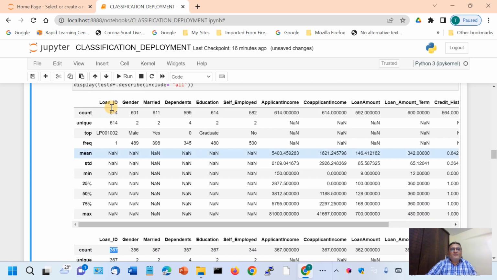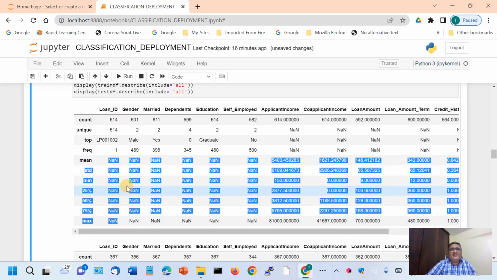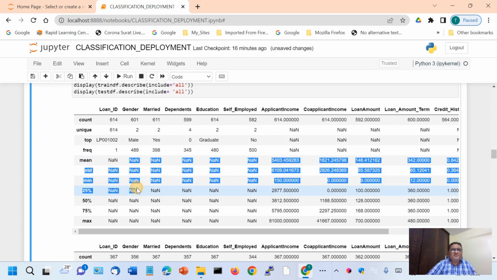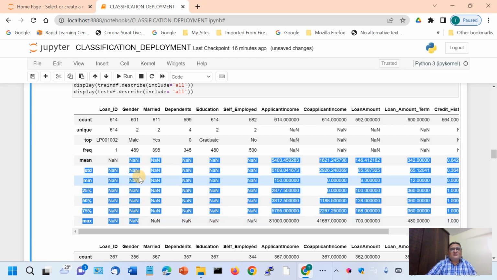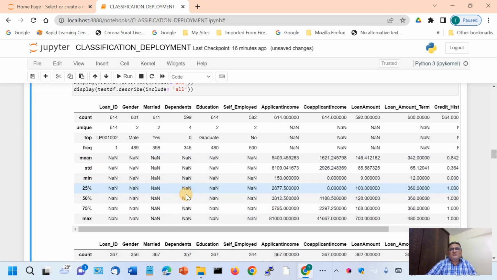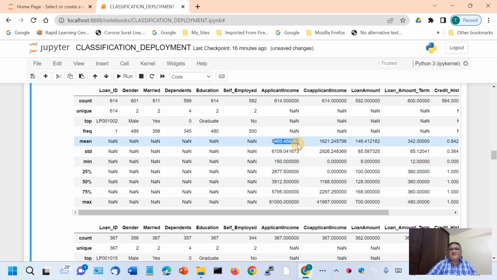Okay. Then in this, mean etc. none is there because loan ID is a categorical variable or ordinal type of variable. Then here also gender is not a number, married is also not a number. So standard deviation and minimum value and maximum value do not apply. But here you can see this applicant income.